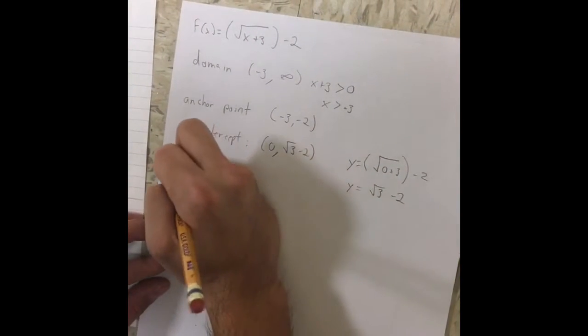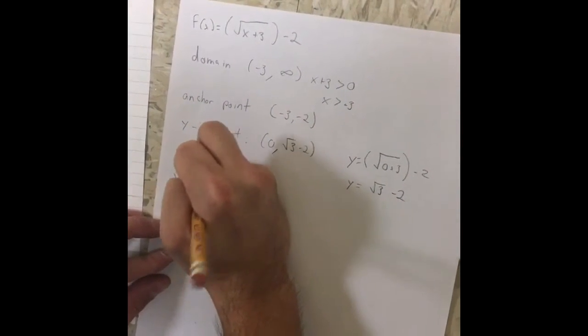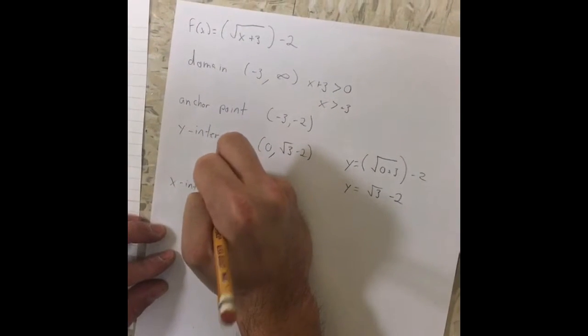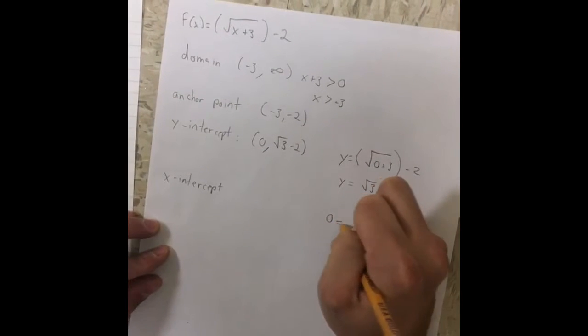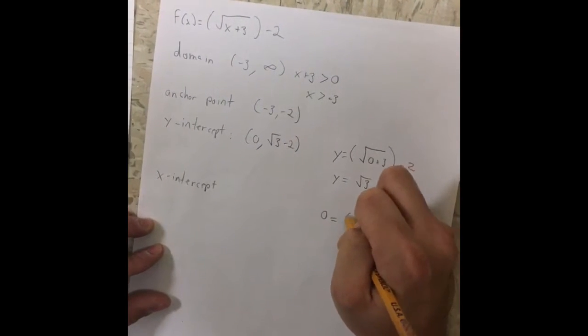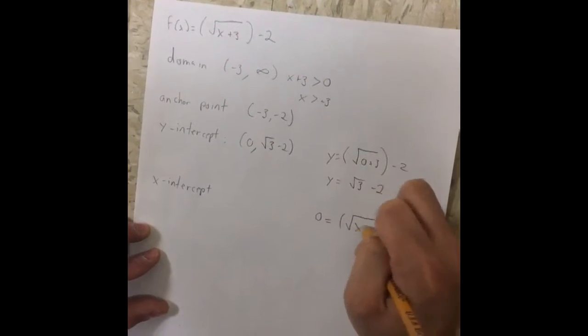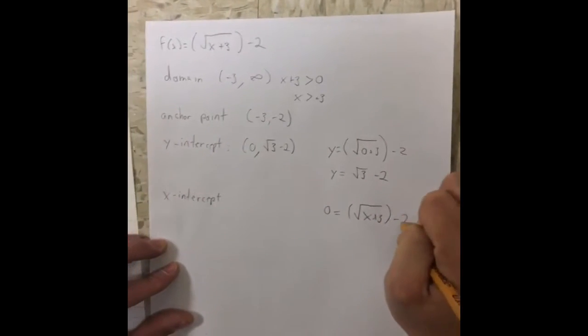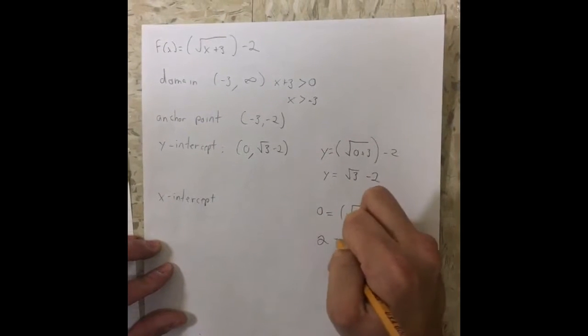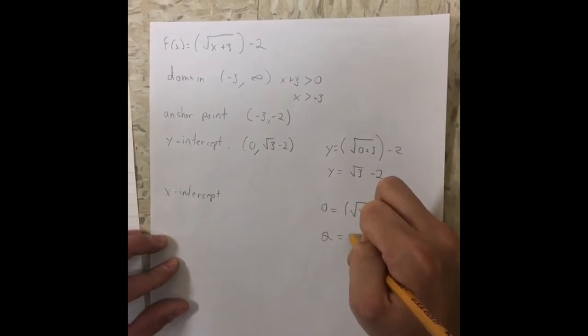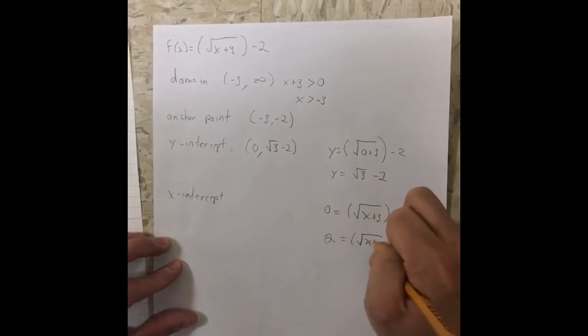And then my x-intercept, which will be the same process, but instead we'll do y equal to 0. So 0 equals square root of x plus 3 minus 2. Bring 2 over. So now I'm left with square root of x plus 3 equals 2.